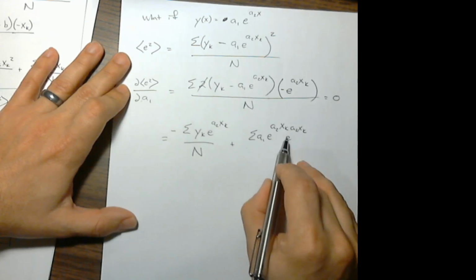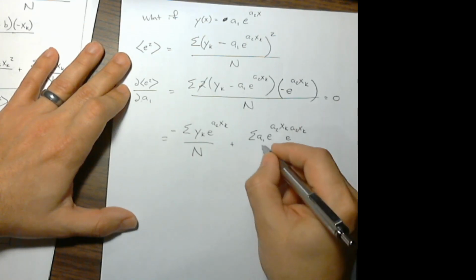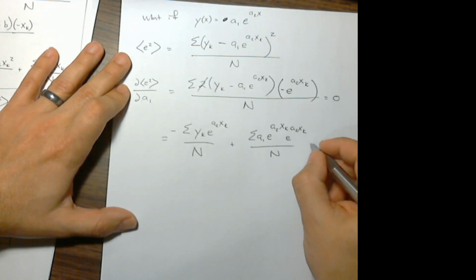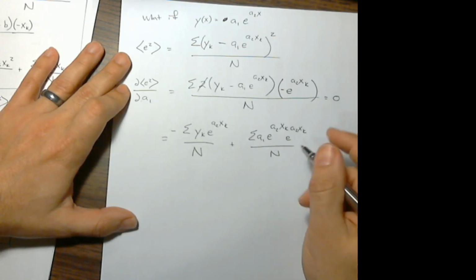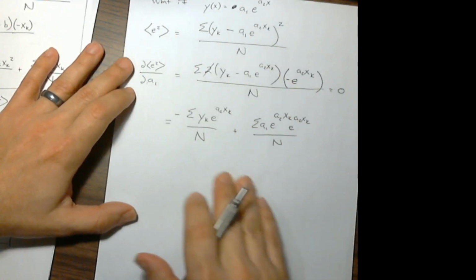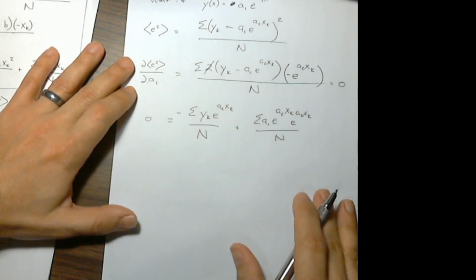I'm being a little sloppy there. I could have combined those exponents, but I'm not doing it yet. And that's it. This is relatively simple, so that's all equal to 0.